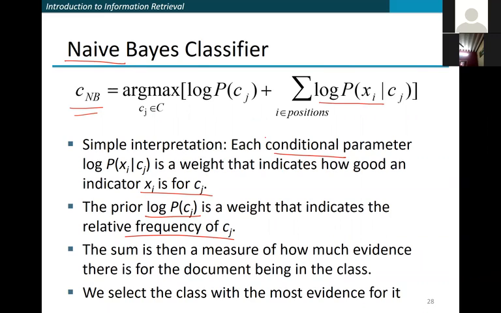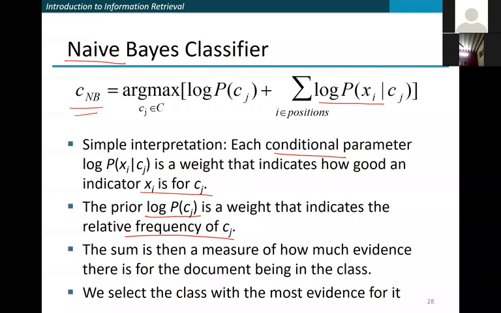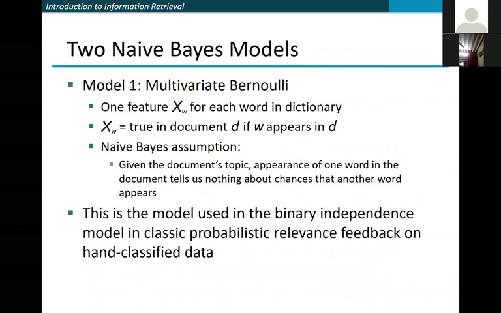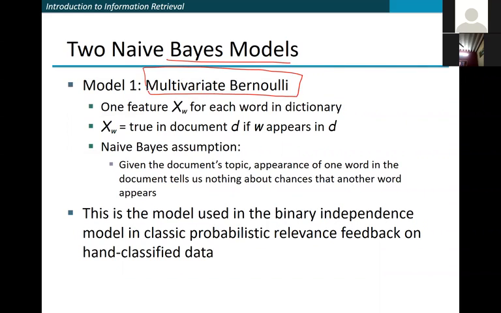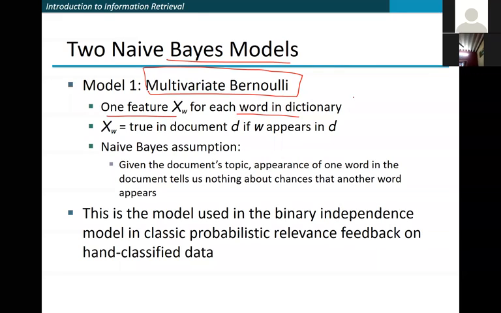We have seen that its implementation is very easy; once you have the data, you can easily implement it. There are two models used for implementation. One is the multivariate Bernoulli model, where one feature is each word in the dictionary.